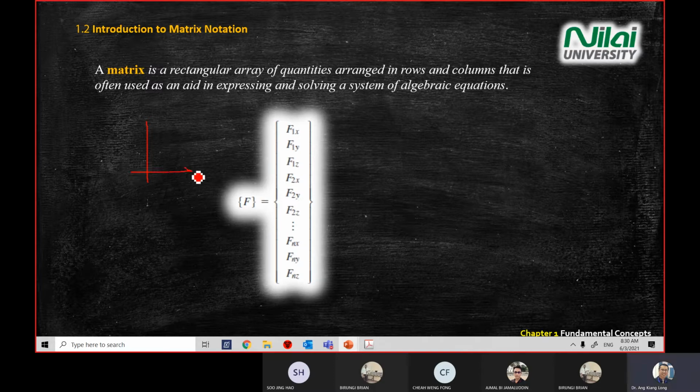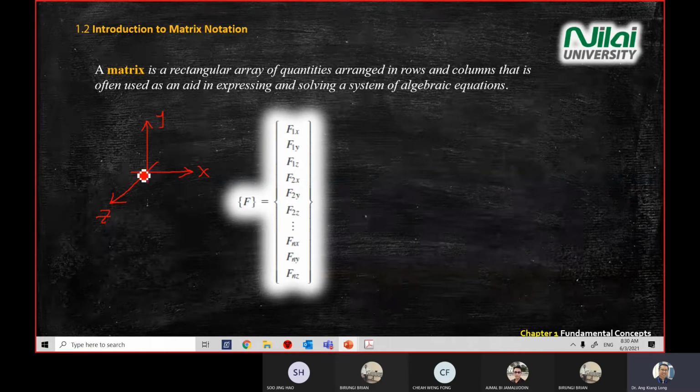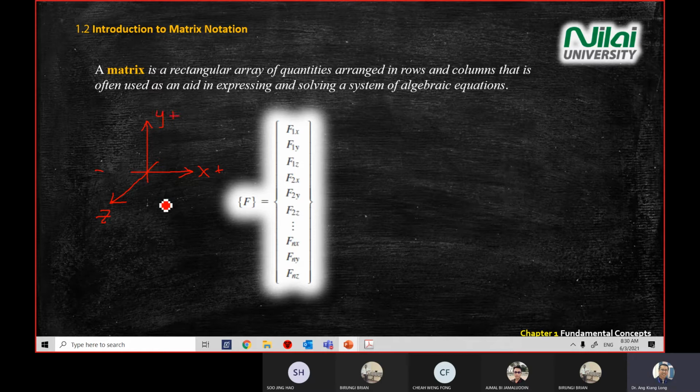Throughout this module, if you deal with three-dimensional, x, y, z, all the direction to the right will be positive. If you're going in this direction, you get negative. If you're going up, you get positive. Going down, you get negative. Going out from the screen, you get positive. Going back into the screen, you get negative.